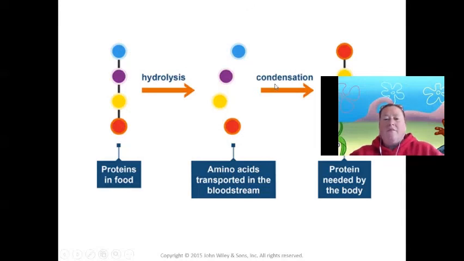Remember, when two amino acids come together, it's called a condensation reaction or a dehydration synthesis reaction. So this is just a very basic picture that shows what happens with amino acids in our bodies in the destruction of that primary structure and then the recreation of it in another protein.